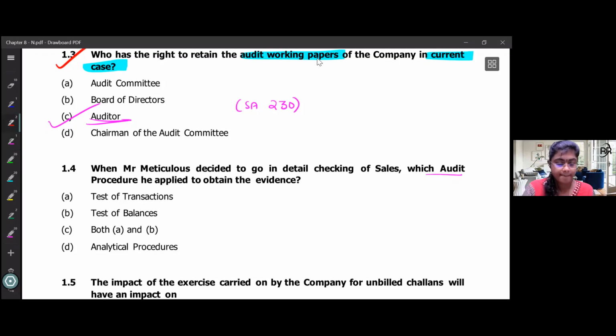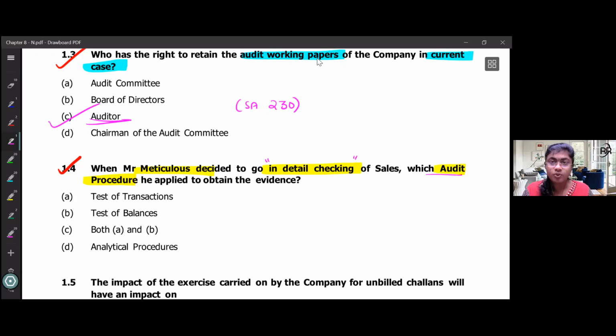Next one. Mr. Meticulous decided to go in detailed checking of sales. Which audit procedure did he apply to obtain evidence? See, initially he compared this company with another company. So initially he applied gross profit margin ratio analysis, which is analytical.